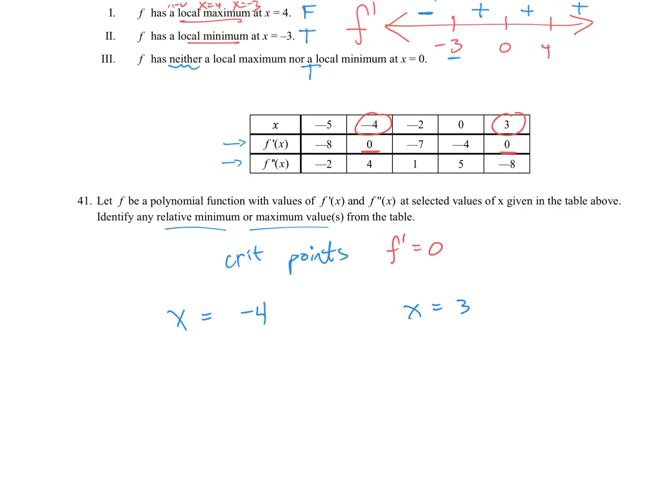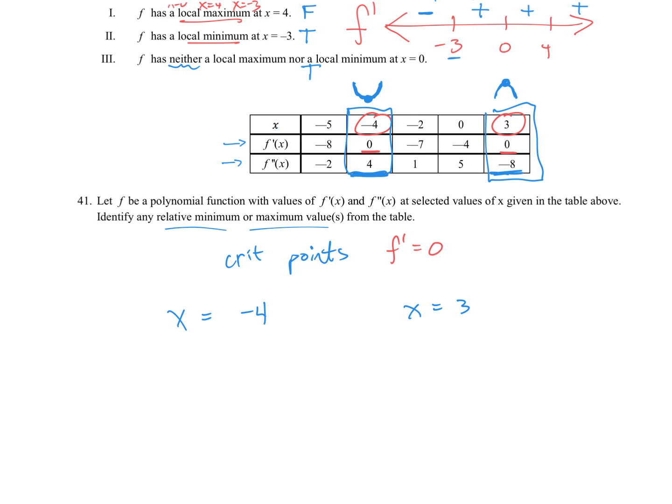So now we're going to look at the second derivative, and this is called the second derivative test. At those critical points, take a look at the second derivative. At x equals -4, the second derivative is positive, meaning that the function is concave up at that point. At x equals 3, the second derivative is negative, so the function's concave down at that critical point.